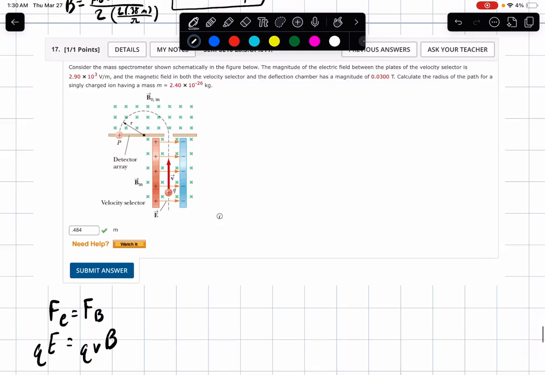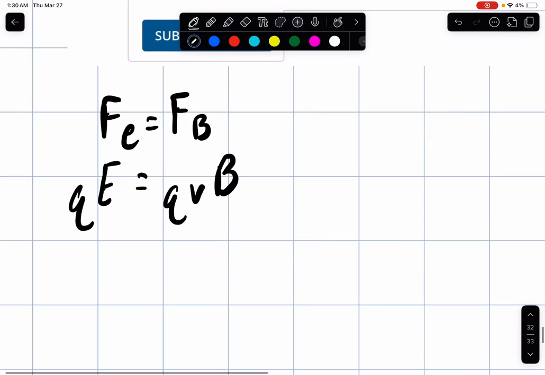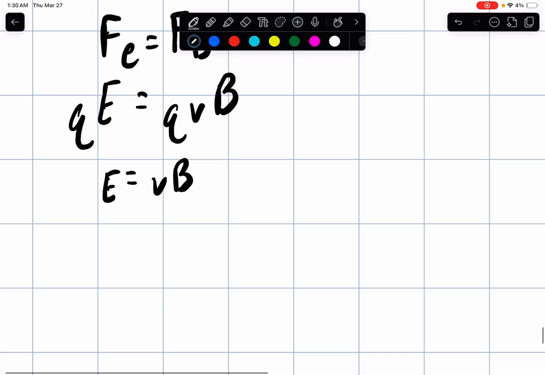You're going to see why we need this in a minute. But basically, the charges cancel out. You get E is equal to VB. And you want to solve for velocity, E over B.